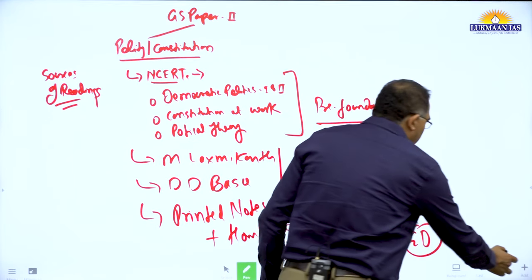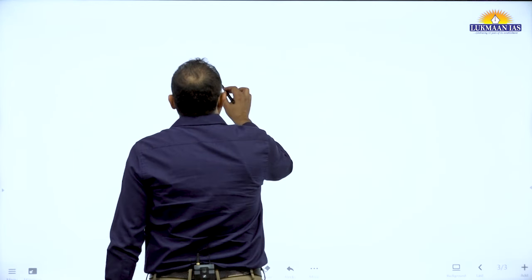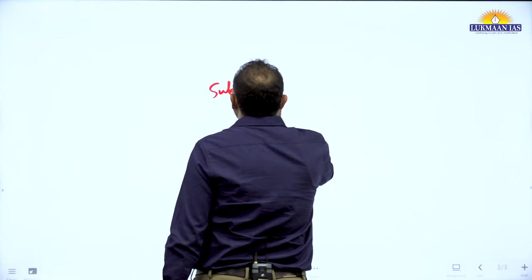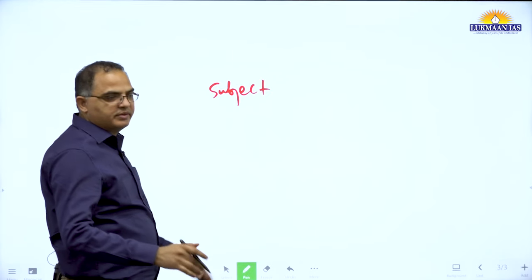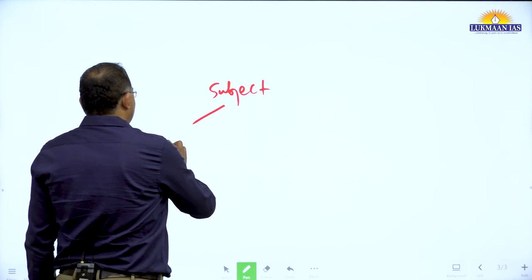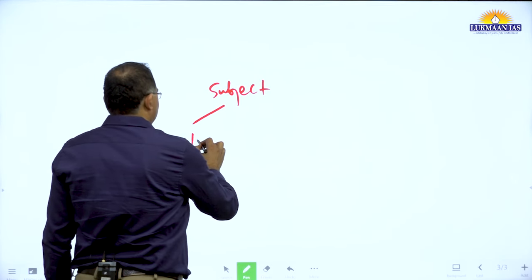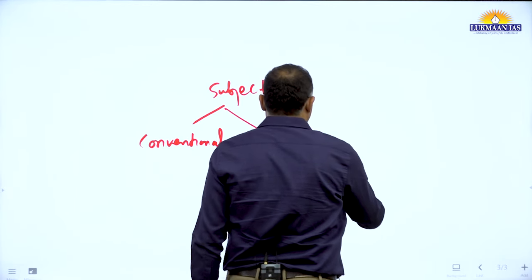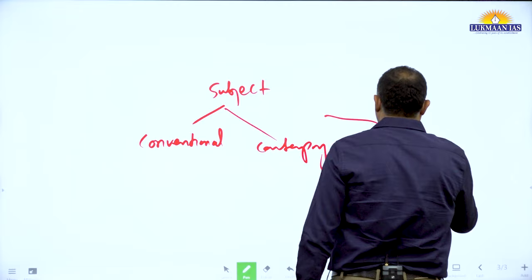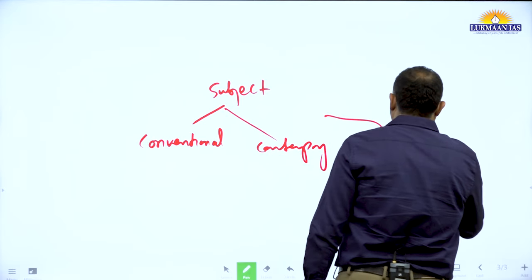Basically, what you have to know is that any subject has 3 classifications. It can have conventional, contemporary, and current.